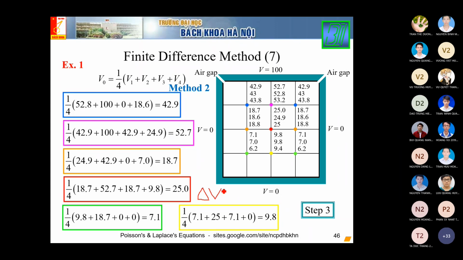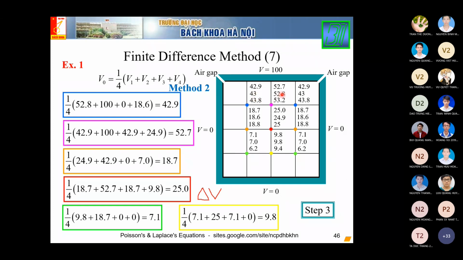delta V. To compute the absolute error here, you have to find the maximum difference between two steps of one node and for every node. For example, delta V between the second step and the first step will be this. You see, I will take the absolute value, okay? The difference between the first and the second here will be 0.8.